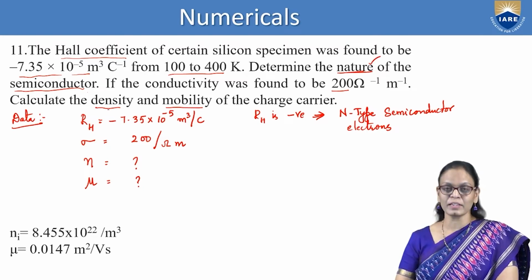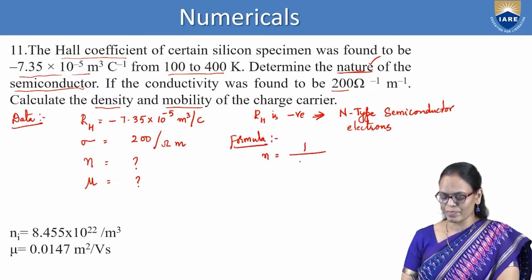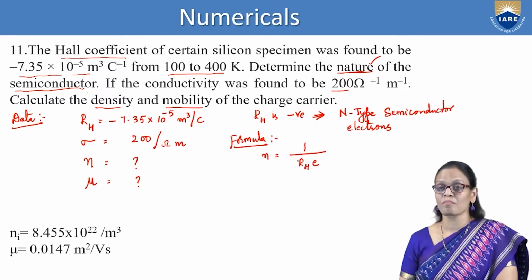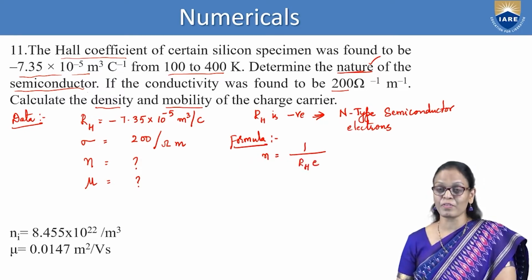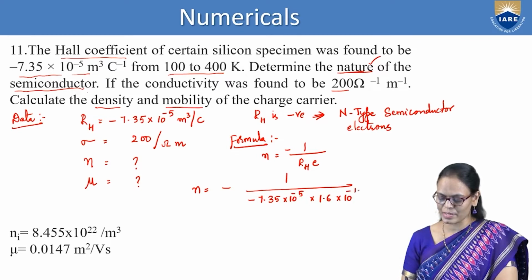Then we will calculate the density. So the formula we'll use now for charge carrier density: N is equal to 1 upon RH into E. So again the same way, for N we have minus 1 by RH into E. So N is equal to minus 1 upon the value of RH, which is minus 7.35 into 10 power minus 5, into E, which is 1.6 into 10 power minus 19.